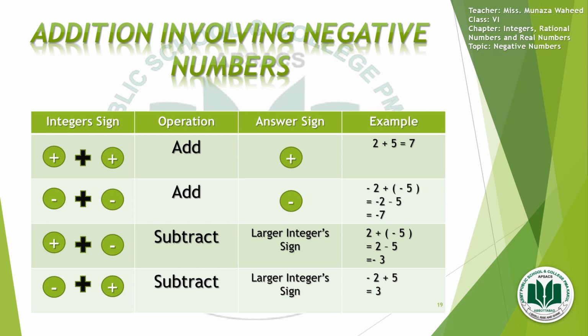And the second rule is, while adding the integers with unlike signs, subtract and keep the sign of larger integer. For example, when positive 2 is added with negative 5, the sum is equal to negative 3. And when negative 2 is added with positive 5, the sum is equal to positive 3.